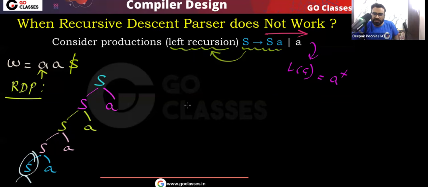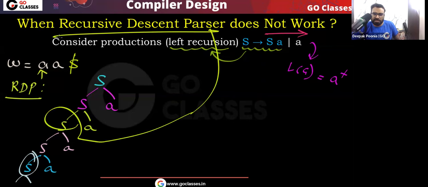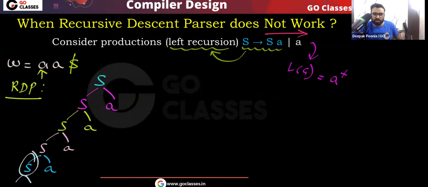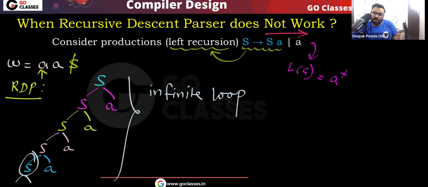Because there is a left recursion, this S is basically calling S. We will just keep going, keep going, keep going, because whenever the recursive descent parser sees a non-terminal, it will apply the S production. So did you notice what happened here? Basically an infinite loop. Because of this left recursion, we fell into an infinite loop.